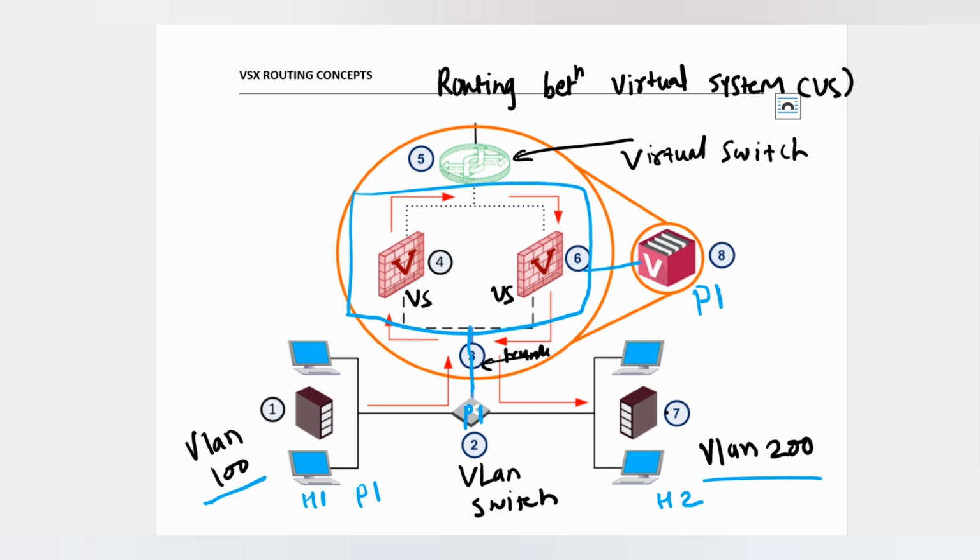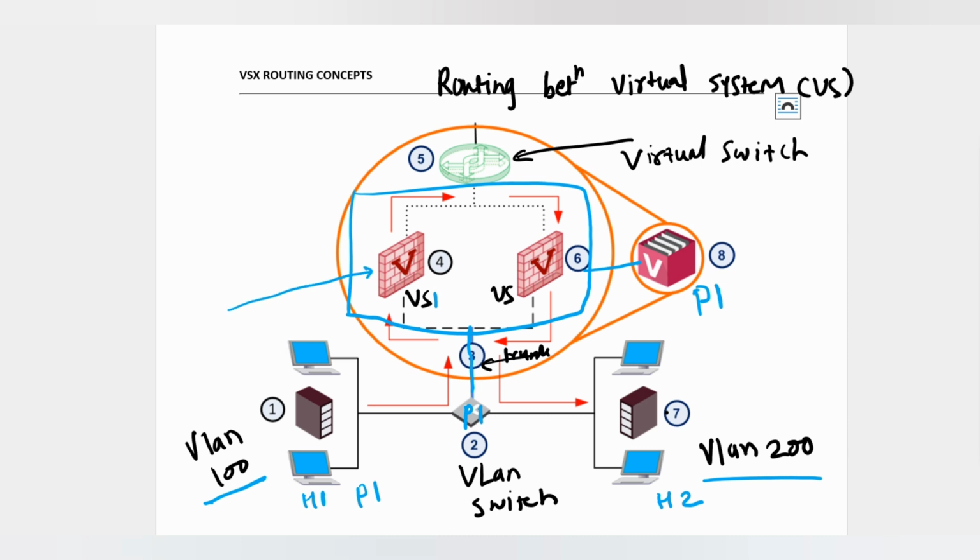Based on the VLAN tag, the VSX gateway assigns the traffic to a virtual system. The VLAN tag says this packet needs to be assigned to a particular virtual system, say virtual system 1.